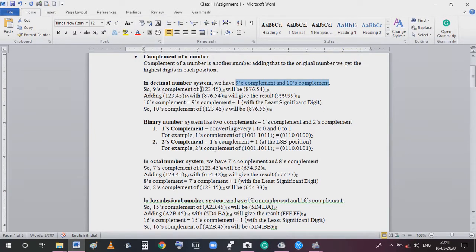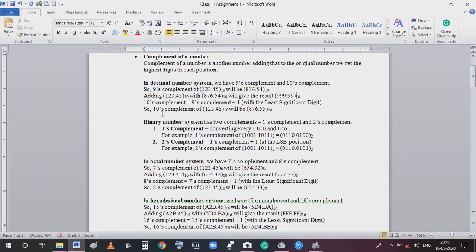If I take an example 123.45, the 9's complement of this number is obtained by subtracting this number from 999.99. So the 9's complement of 123.45 is 876.54. Now if we add 123.45 with 876.54, you will get 999.99. That means at each position, at each place value, you get the highest digit.